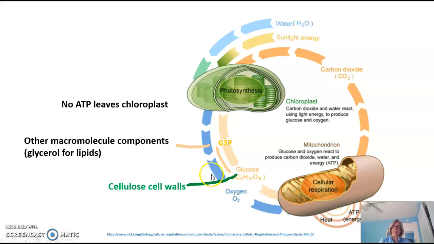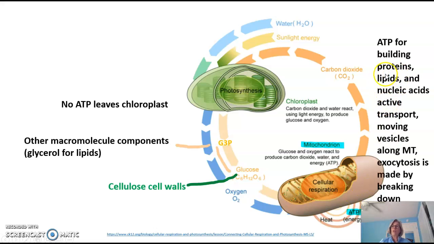So how do we get some ATP to do all the rest of the reactions? Well, any of that glucose that's not used for cell walls gets brought into the mitochondria, and it goes through the cellular respiration process to make ATP. So plants have to use sunlight to build glucose, and then they have to use respiration to break it down for ATP in order to do things like build proteins and lipids and nucleic acids and perform active transport and all of these other housekeeping reactions.